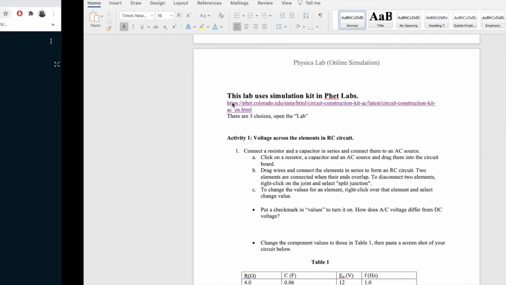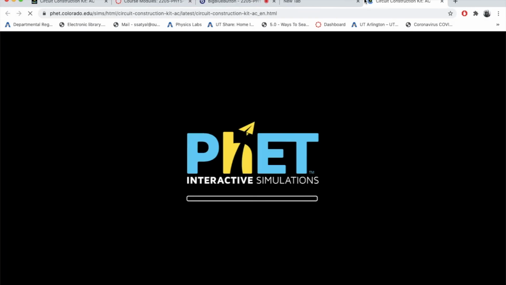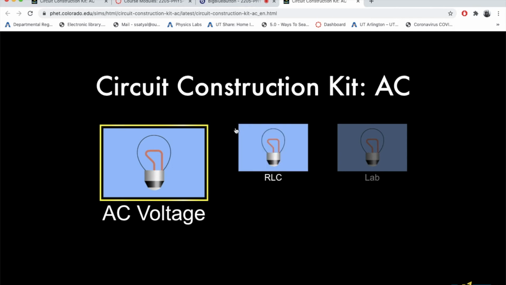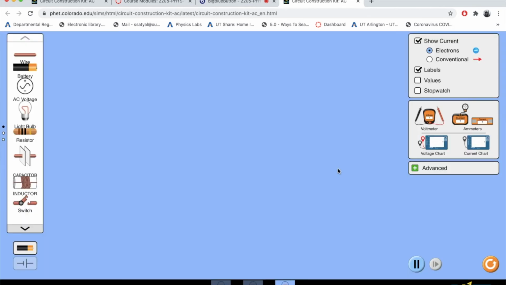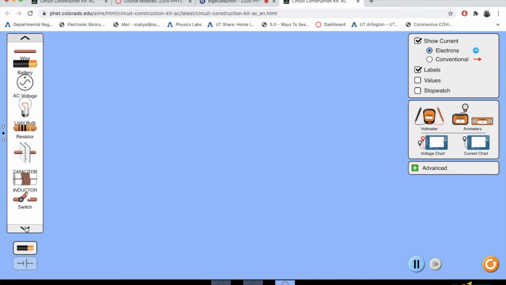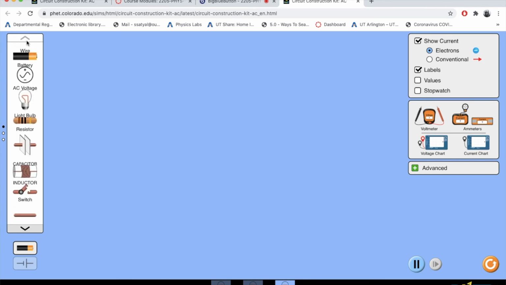So to build, again, go through the link to the PhET simulation site, and here pick lab, and here you'll see all the required elements that you will need for today's lab.